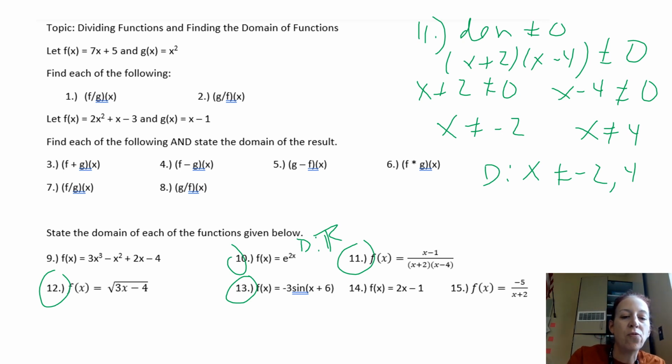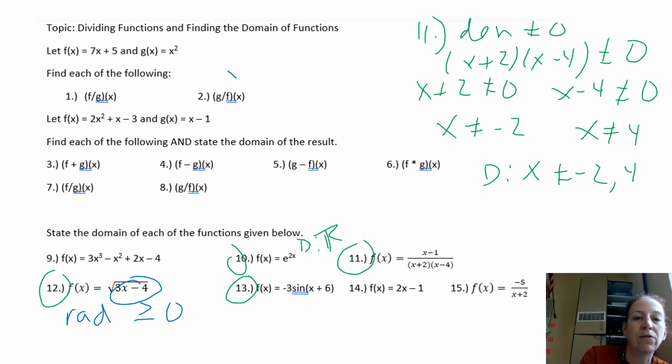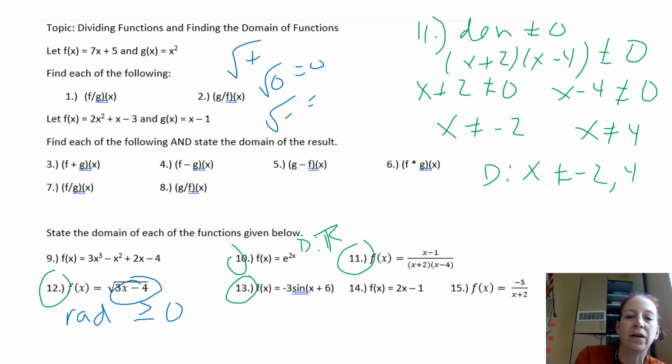The key idea with your square roots is that the number underneath the radical, which is called the radicand, has to be greater than or equal to 0. So you can take the square root of any positive number, and you can also take the square root of 0, but as soon as you get a negative number, then you have something imaginary, and that's when your calculator yells at you.